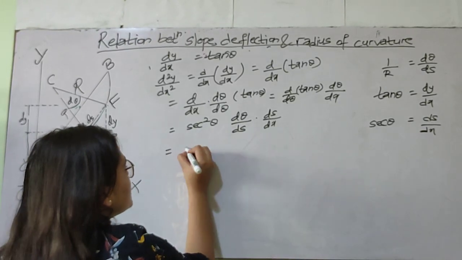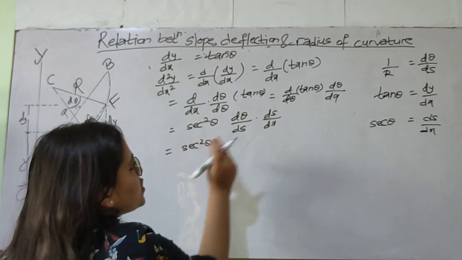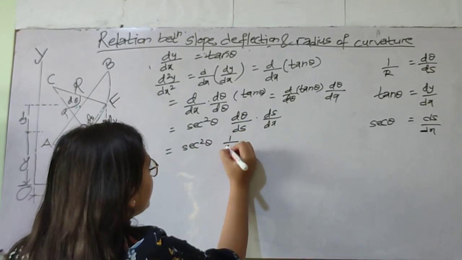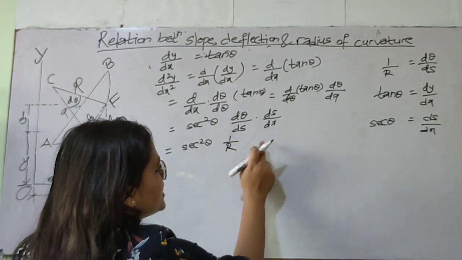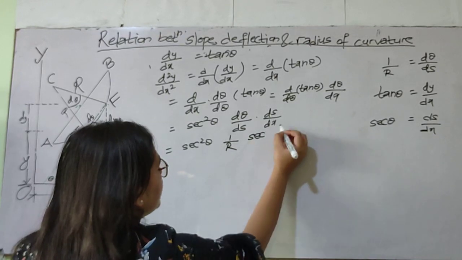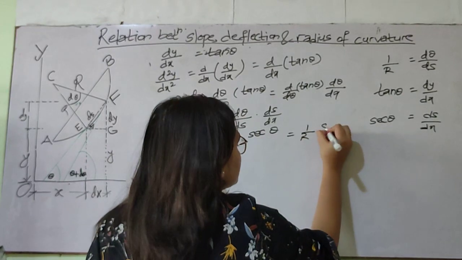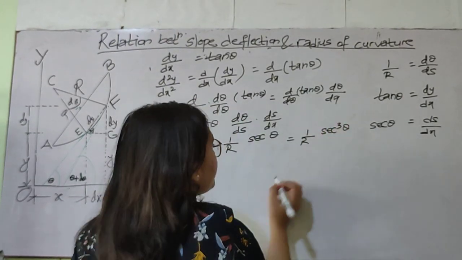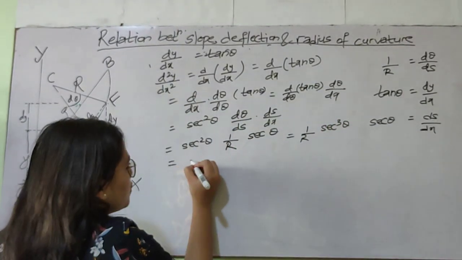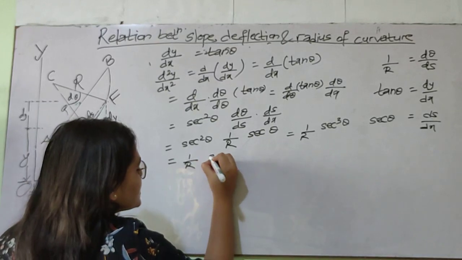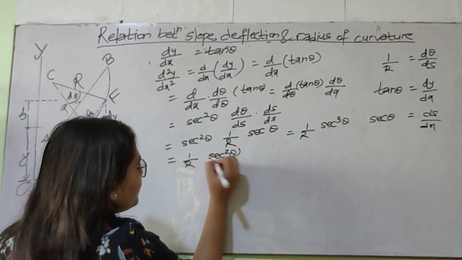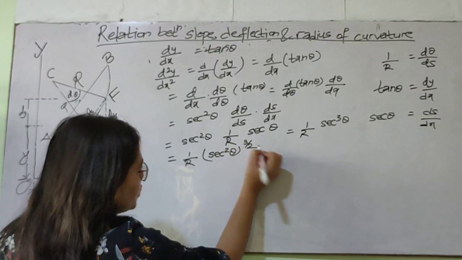So this will be sec square theta. d theta by ds is nothing but 1 by r, and ds by dx is nothing but sec theta. So this will be equal to 1 by r sec cube theta. Now this sec cube theta can be written as sec square theta to the power 3 by 2.